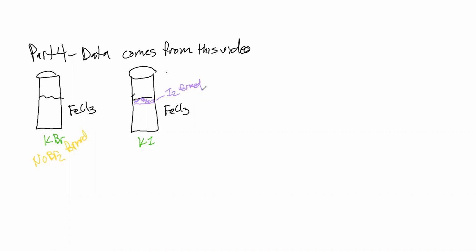We're trying to figure out what exactly has happened. Now, your iron isn't coming out as a solid. We're not seeing any solid Fe formed. So you just want to take that into account as you go through that.